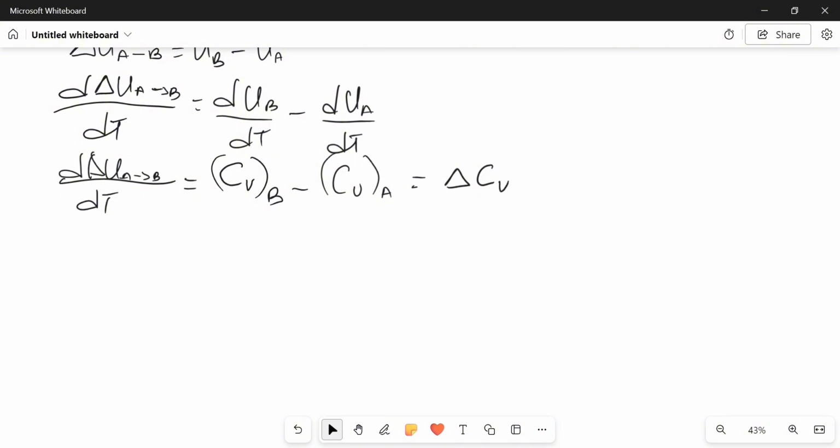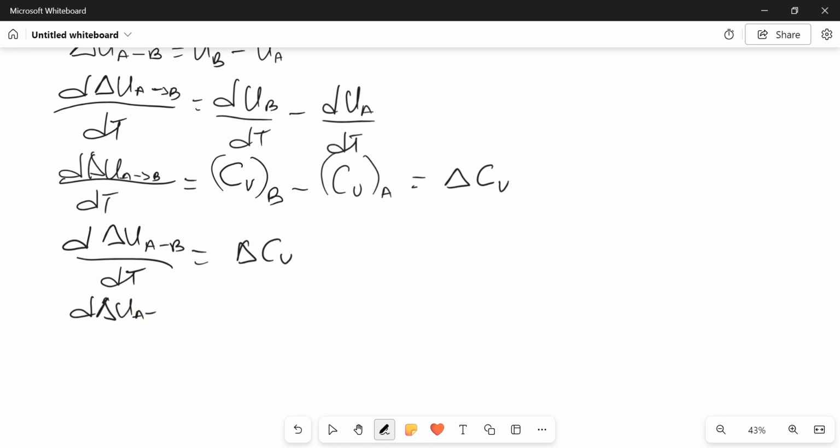So I can then rewrite this as the change in U from A to B over dT to be equal to the change in Cv. If I cross multiply, I'm going to have the change in U when we move from A to B to be equal to change in Cv dT. Good.